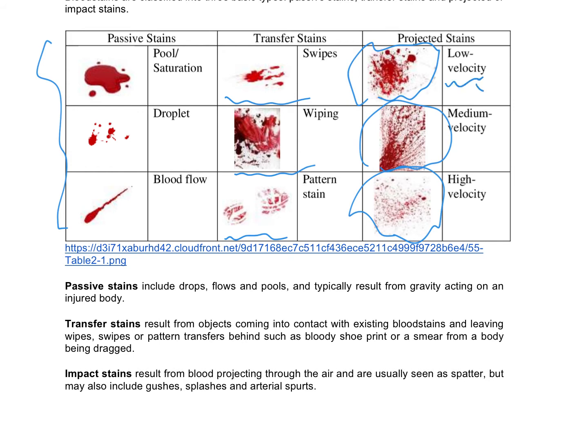Now, velocity refers to speed. You'll learn more about velocity in upper secondary, but for now, you just take it as the speed. It tells you how fast the blood is being projected out through the air. So if the speed is slow, there are bigger drops, and if it's fast, finer drops.